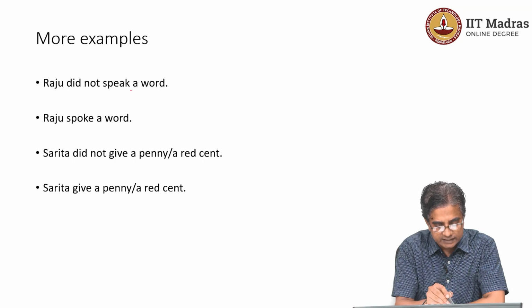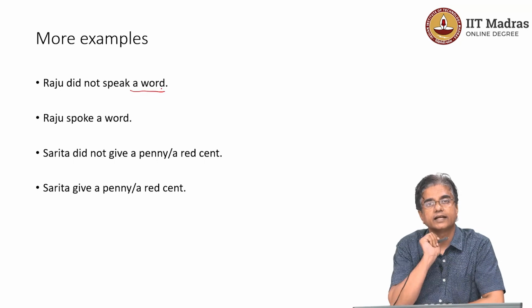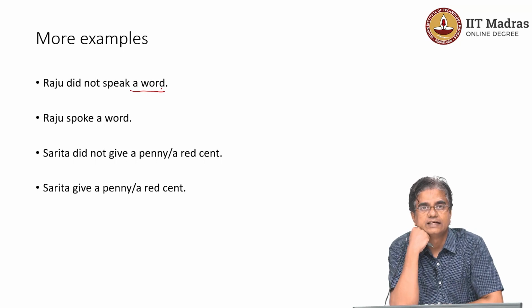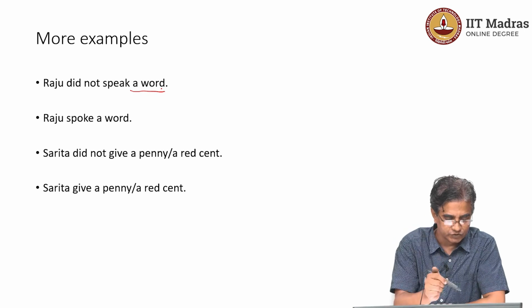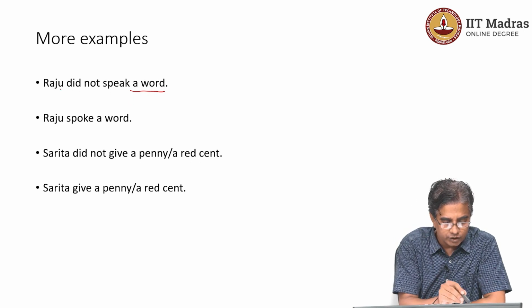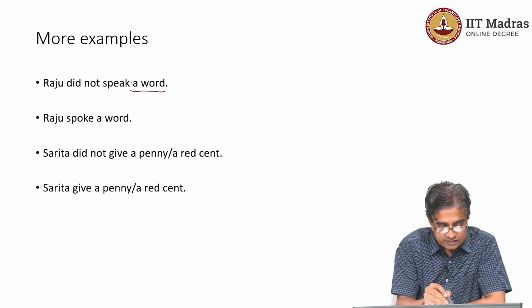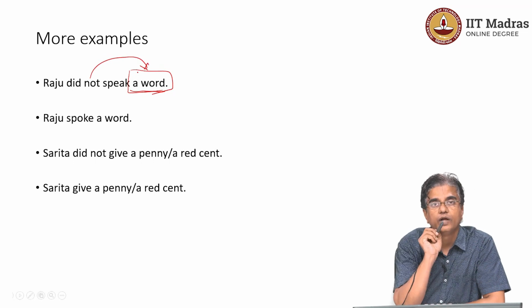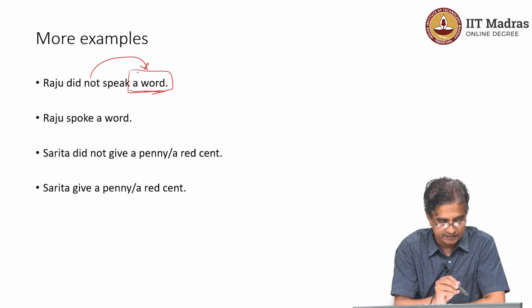Look at this phrase, a word. Here, a word doesn't mean literally one word. Here, metaphorically, it means anything or nothing. So again, this element can only be used with that meaning in a negative sentence.